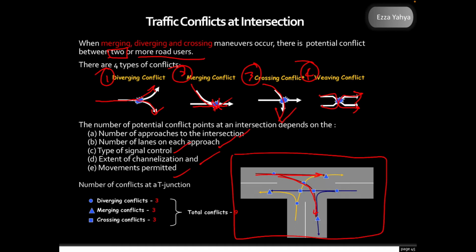So we have one diverging because we are going straight and then diverge. This one also goes straight and then diverges. This one turns left and turns right. So it's a diverge. So have 1, 2, 3.